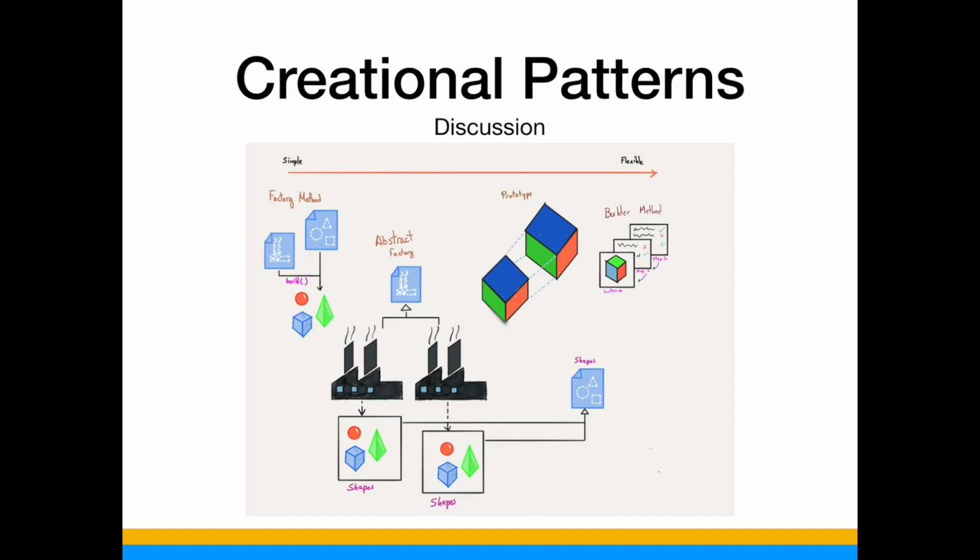One thing to keep in mind with creational patterns is that there's a range that can help us choose, because a lot of them all create objects. But we are having certain trade-offs. And the main trade-off is simplicity.